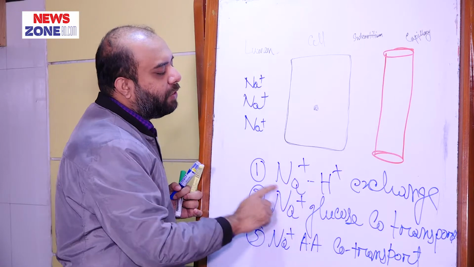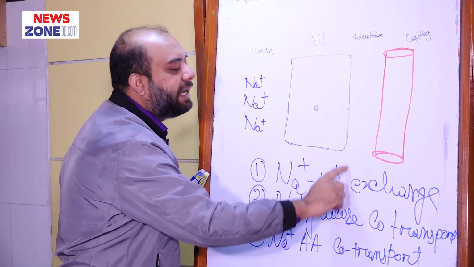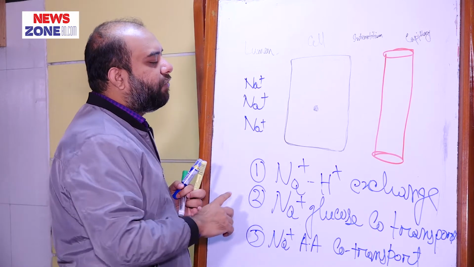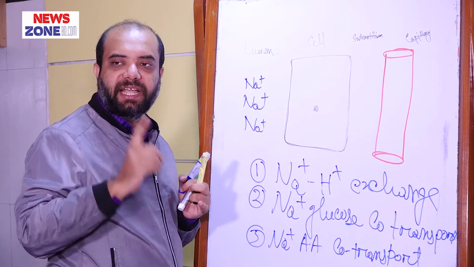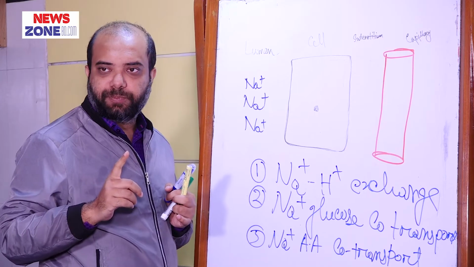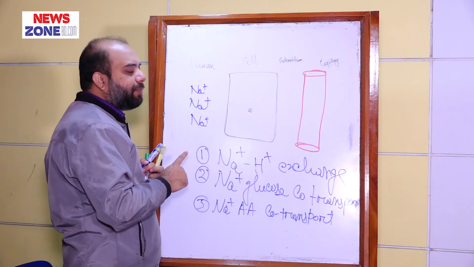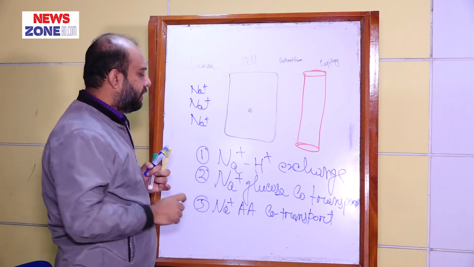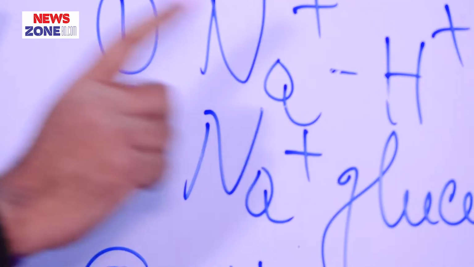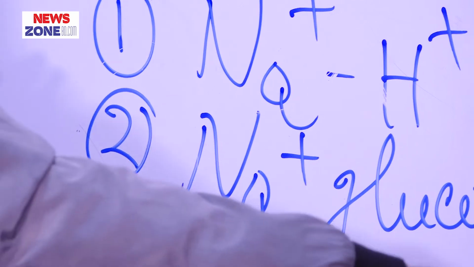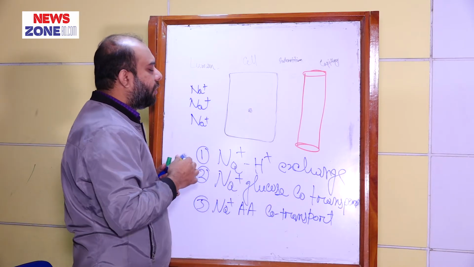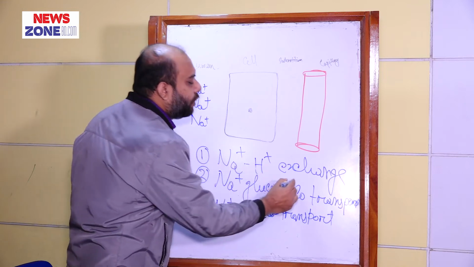So, sodium will go in one direction and the hydrogen ion will go in another direction. So, it is a type of active transport, that is secondary active transport, and which type of secondary active transport? It is counter transport. And the remaining 2 transport systems, sodium glucose co-transport and sodium amino acid co-transport, from the name we can tell they are co-transport.